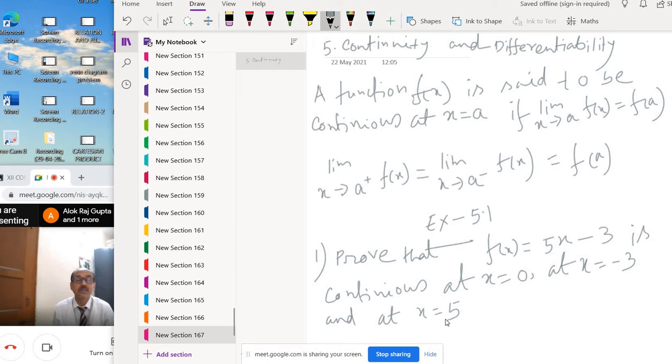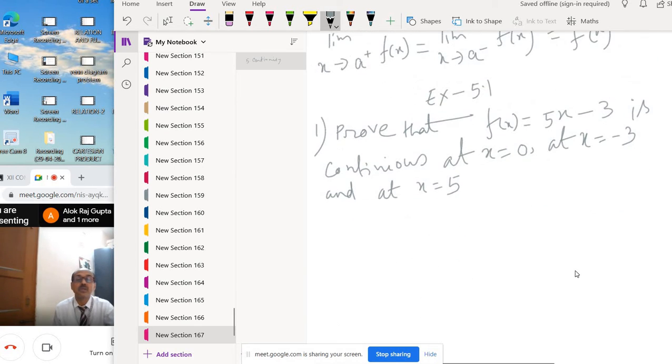So we test at 3 points, and check whether it is continuous or not, one by one. The first is x equal to 0.